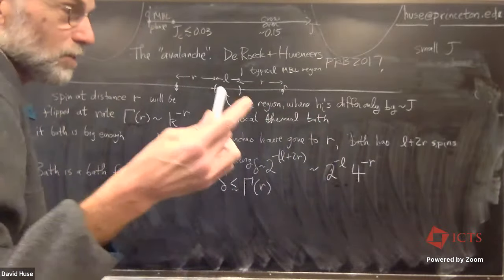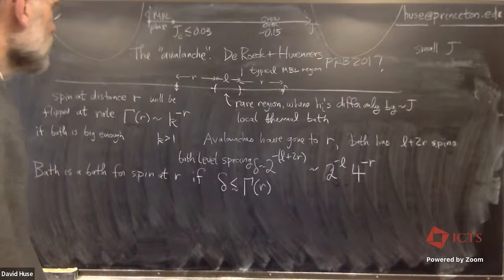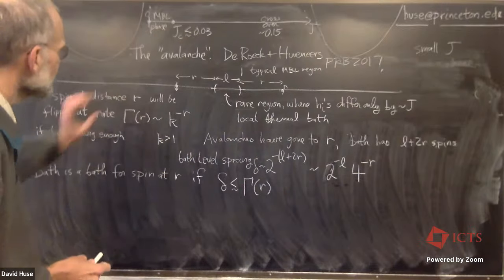You can't apply Fermi's golden rule, for example, because there is no bath on that energy scale.